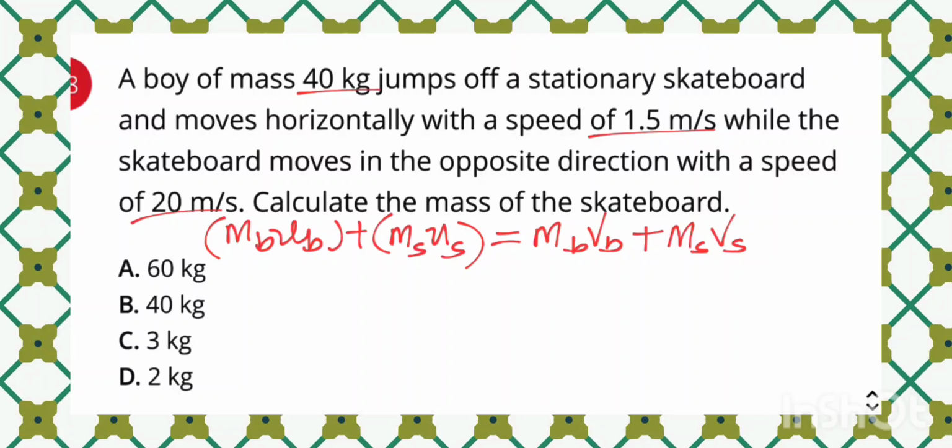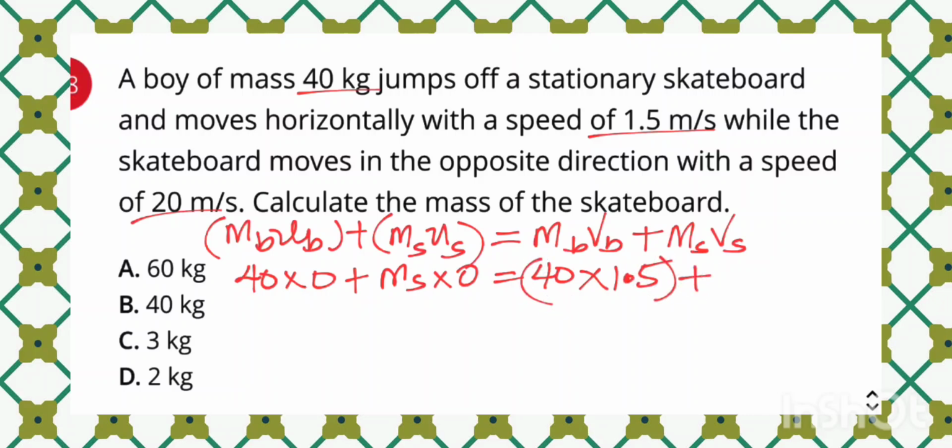So this is what we are going to do. Mass of the boy, that's 40 times 0, plus mass of the skateboard, we don't know, ms, multiplied by, since it is a stationary skateboard, the initial velocity is 0, equals mass of the boy 40 multiplied by velocity of the boy after collision, that's 1.5, plus mass of the skateboard, which is what we are looking for, multiplied by negative 20.